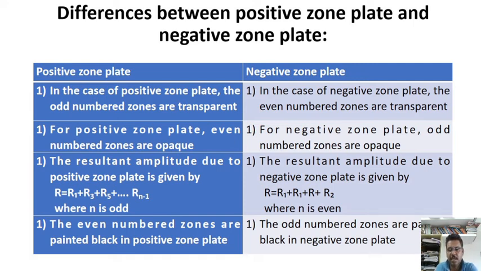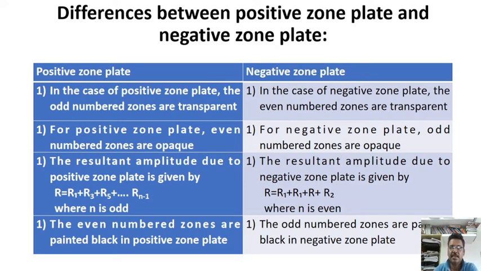Next, the resultant amplitude due to the positive zone plate is given by R equals R1 plus R3 plus R5 plus up to R of n minus 1, where n is an odd number.